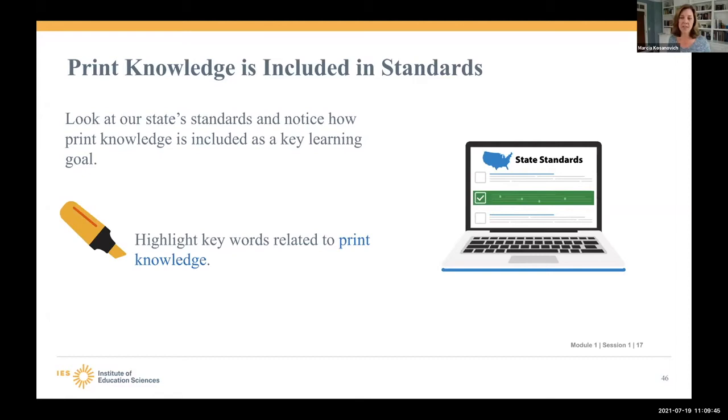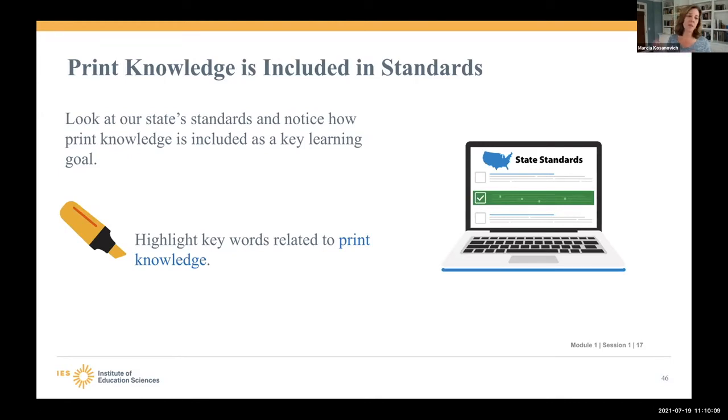When reviewing your state standards for 3- and 4-year-olds, you may find that they're located within different documents. For example, many states include 3-year-old standards with early learning guidelines for children birth through age 3. In addition, it can be helpful to familiarize yourself with the kindergarten standards related to language and literacy in your state. These are likely in a separate document as well.